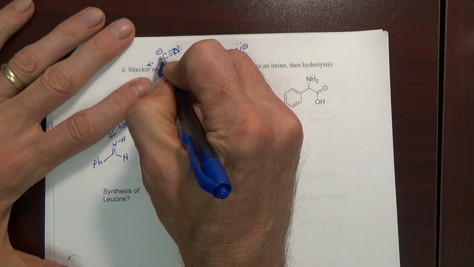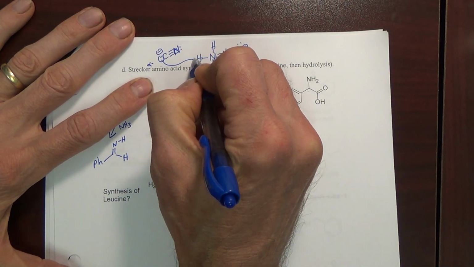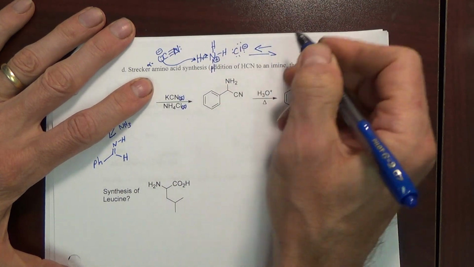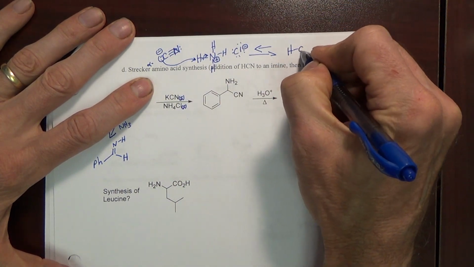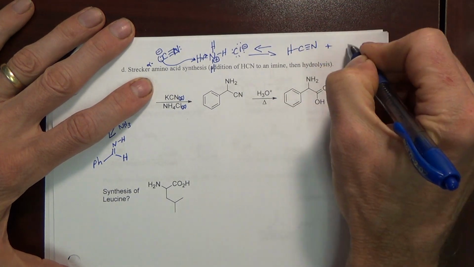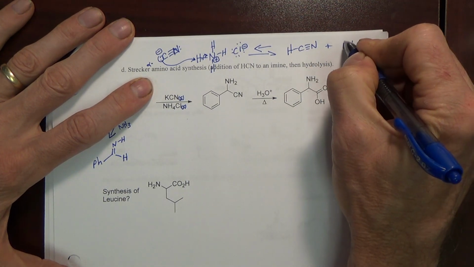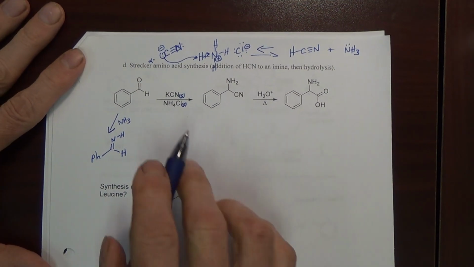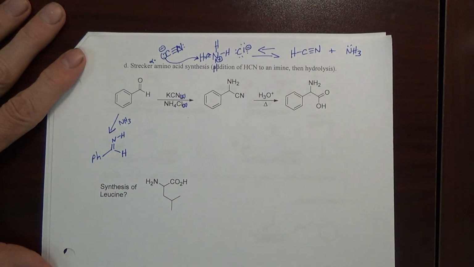But these can react, and this cyanide can take an H, and we can actually get an equilibrium where we have HCN plus ammonia, and then potassium chloride.